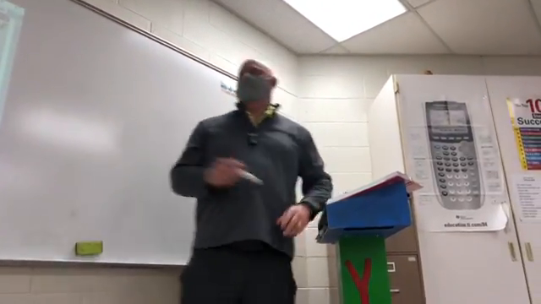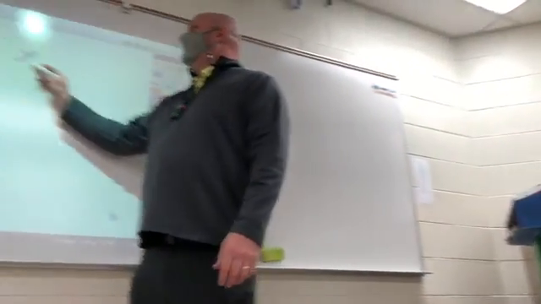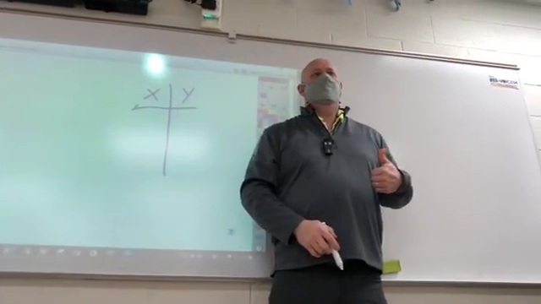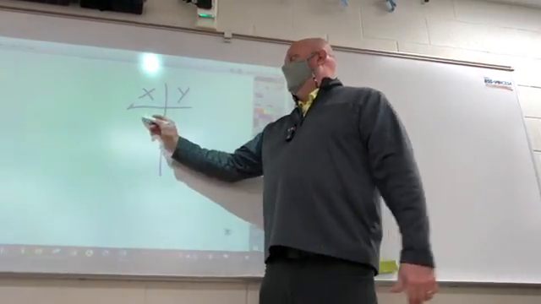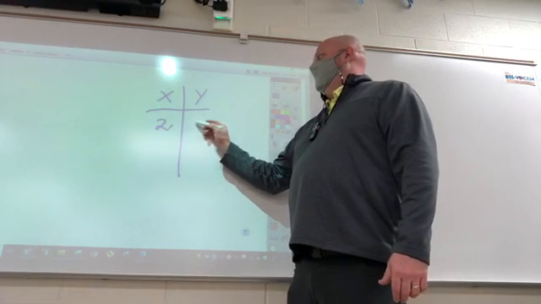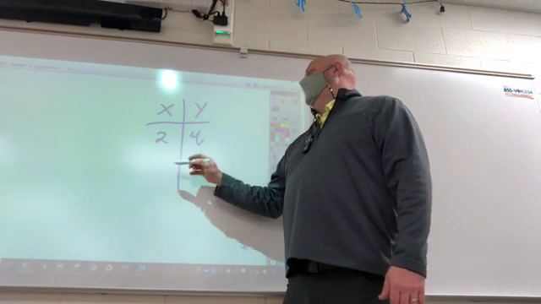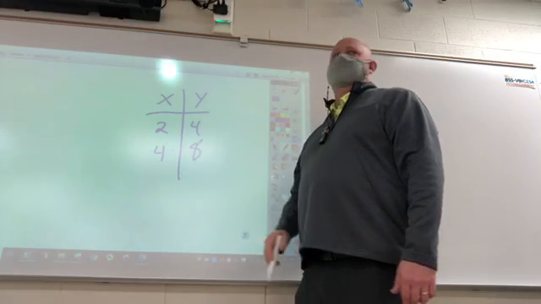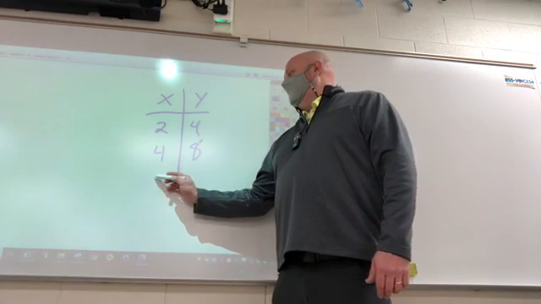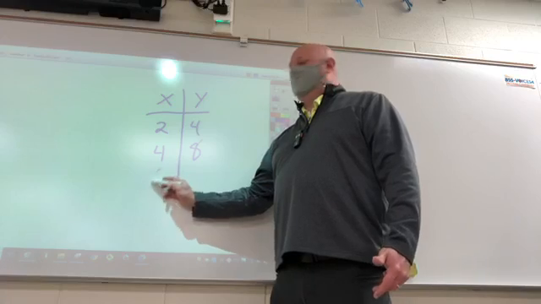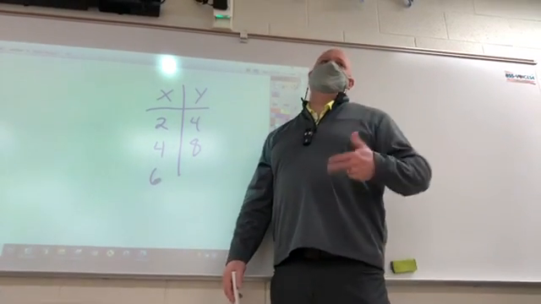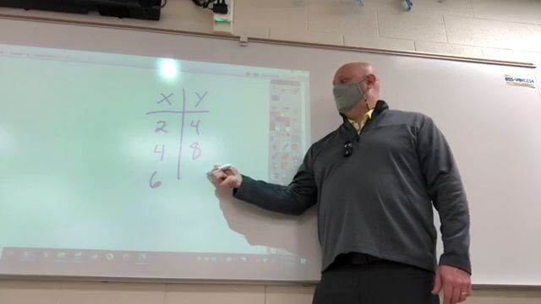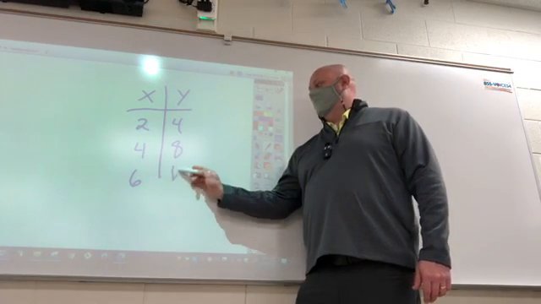How do you tell in table form? How do you tell if it's linear? Well, if I say 2, 4, and then I put 4, 8. If I put 6 here, what makes it linear? This would have to be 12, right?